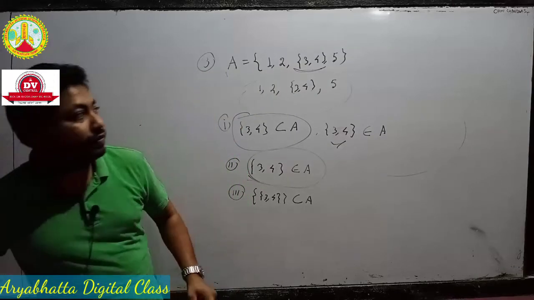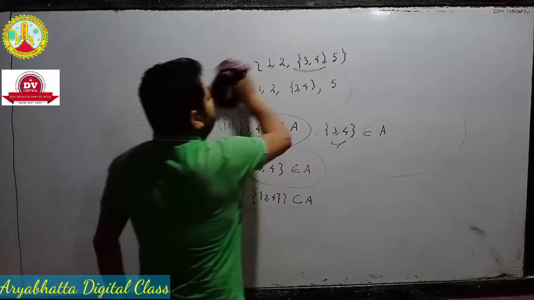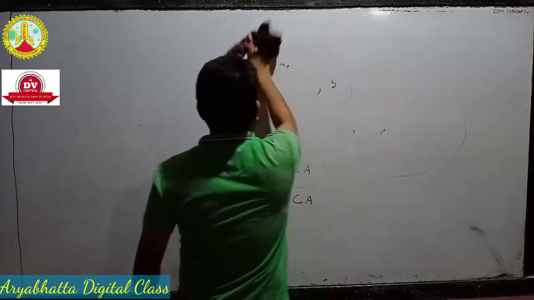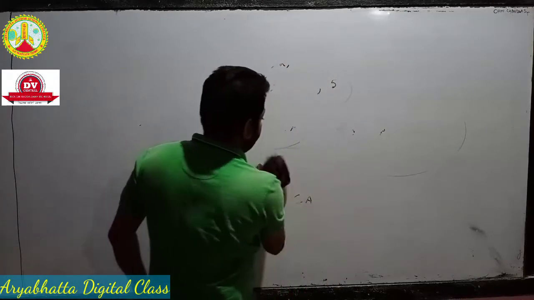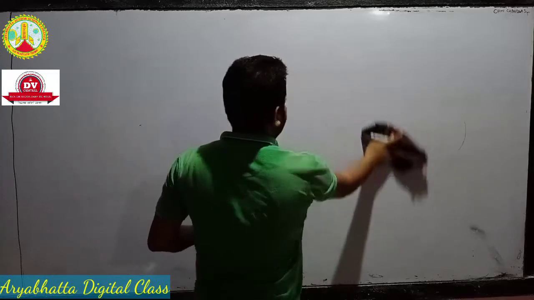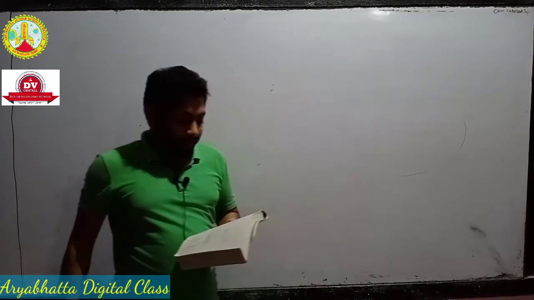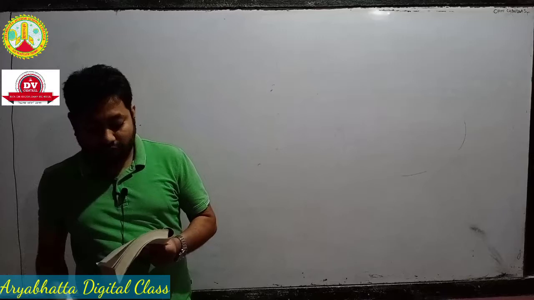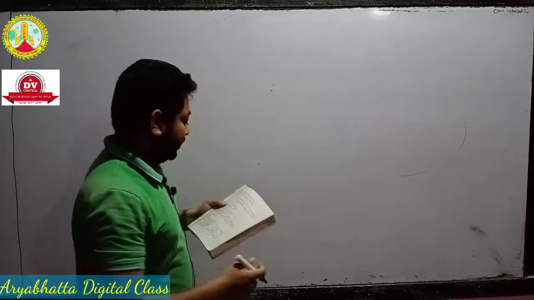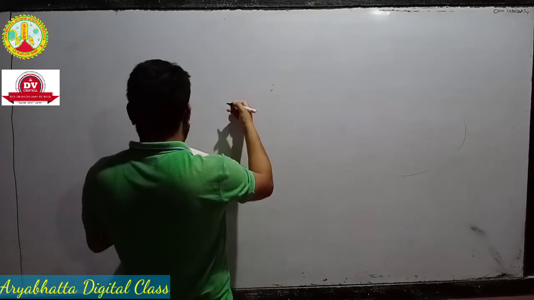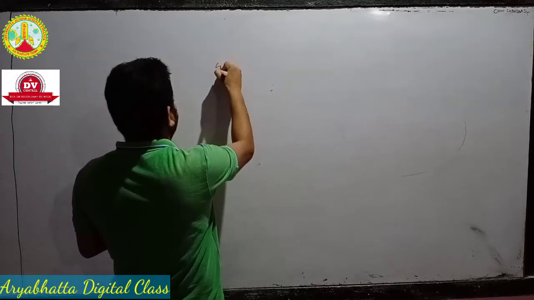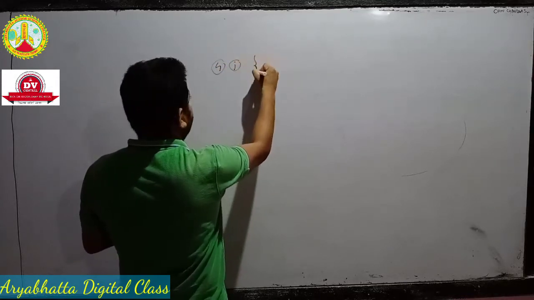Next, question number 4. Write down all the subsets of the following sets. Number 1.